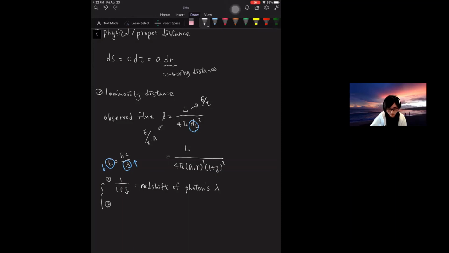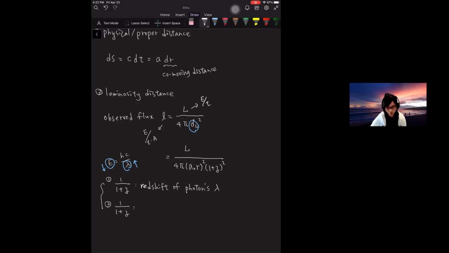So how about the second factor? We can see the luminosity is energy per time, right? So the time rate of photon emission will also affect the distance in this equation.